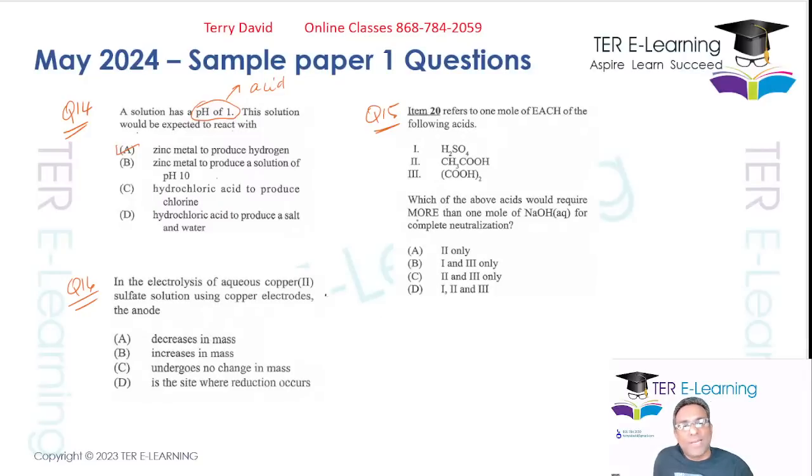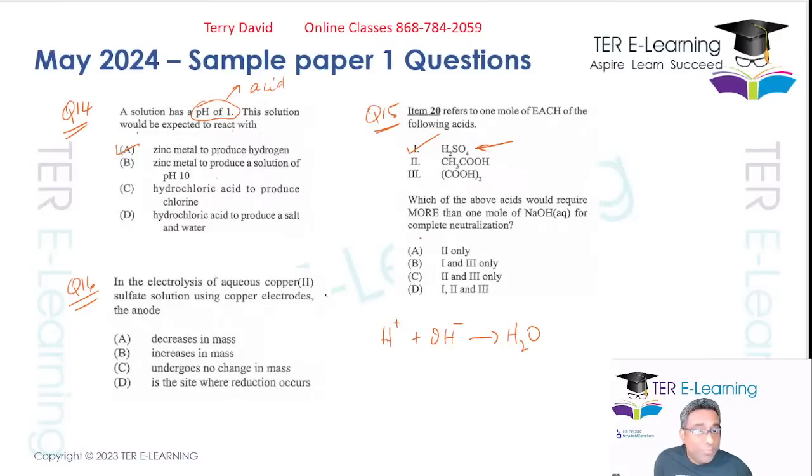So when it comes to neutralization, and this could also come as a question, neutralization is essentially H+ plus OH- giving us H2O. This essentially is what neutralization is, right? Now when it comes to H2SO4, you have 2 moles of hydrogen. In the formula you have H2, so therefore you require 2 OH- to neutralize that.